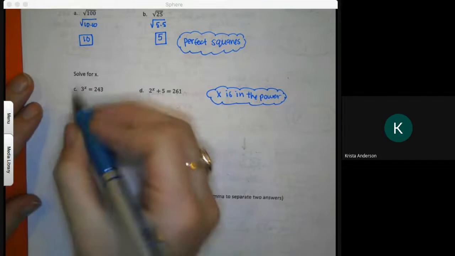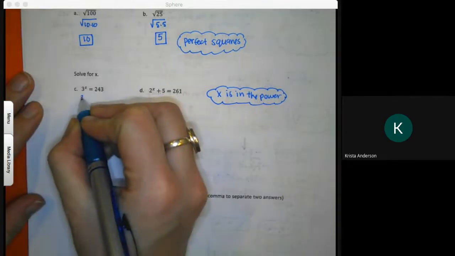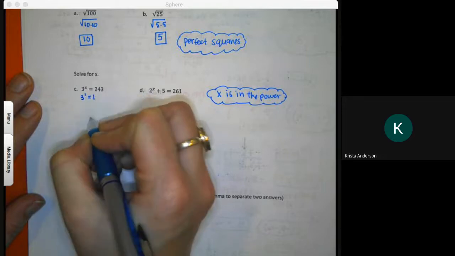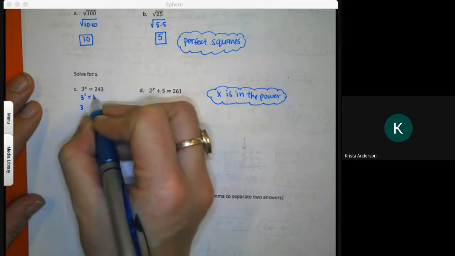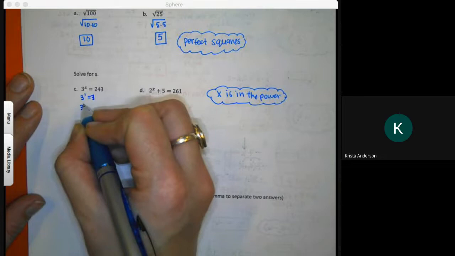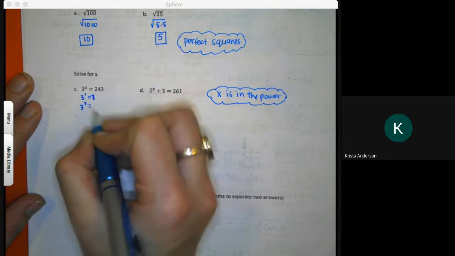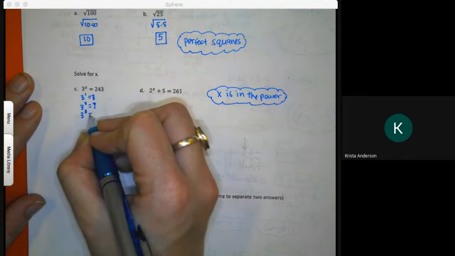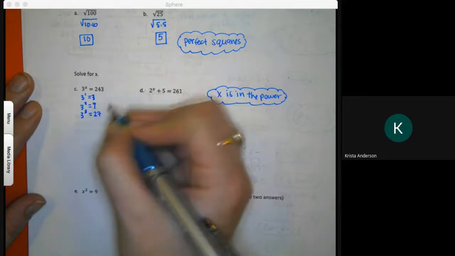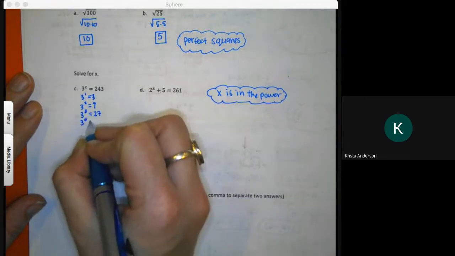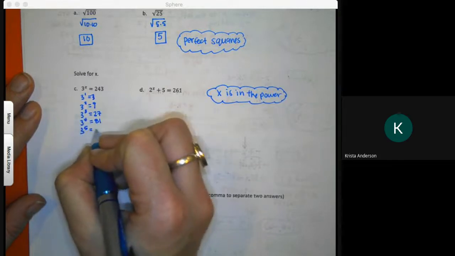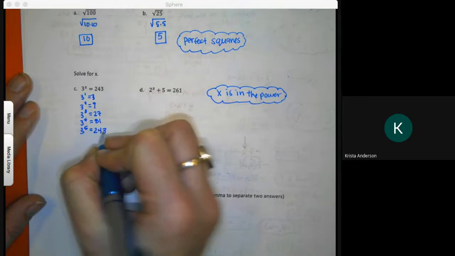If I plug in my calculator 3 to the power of 1, I get 3. 3 squared is 9. 3 cubed is 27. 3 to the 4th is 81. 3 to the 5th is 243.